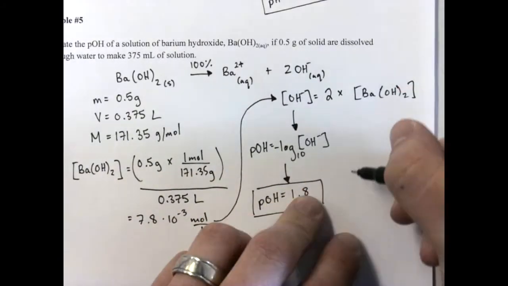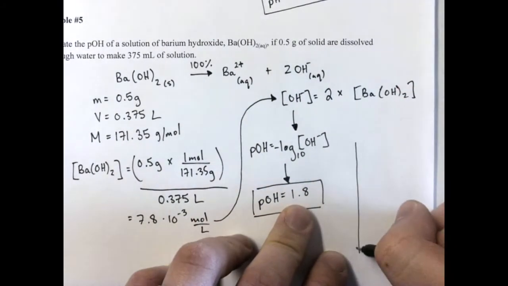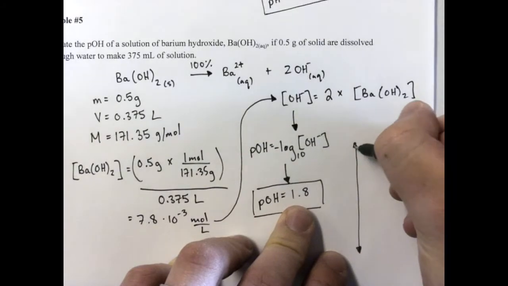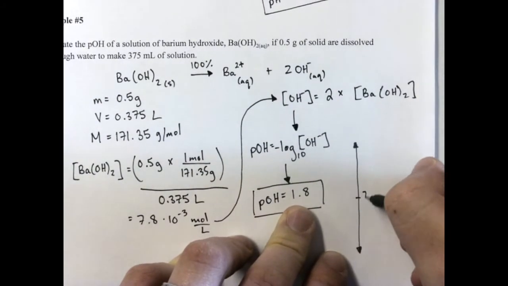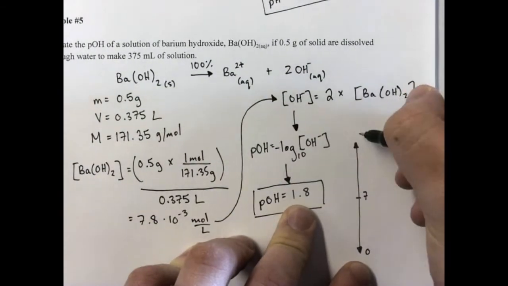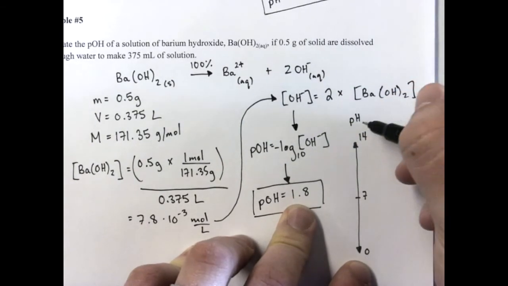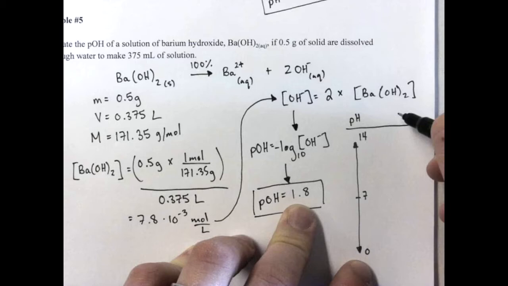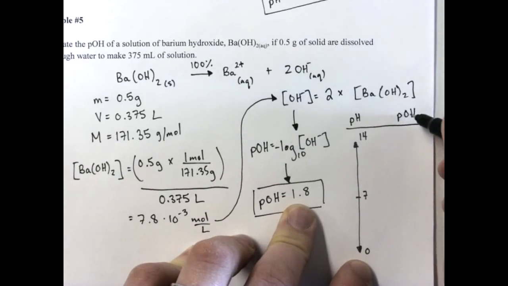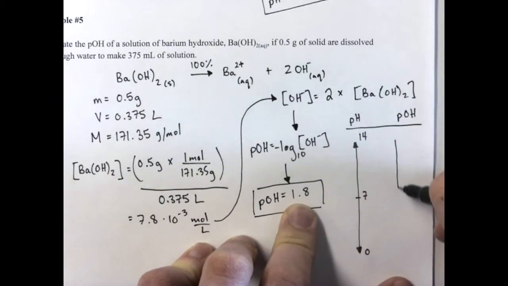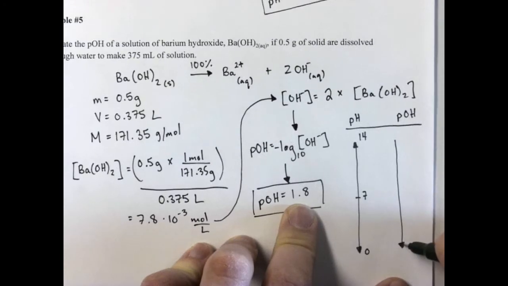But if we have, here's our pH scale. That's 7, 0, 14. That's pH. The pOH scale is the reverse. It's actually the opposite.